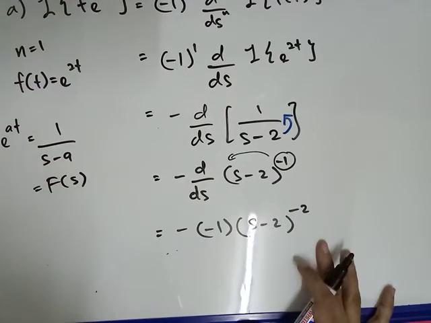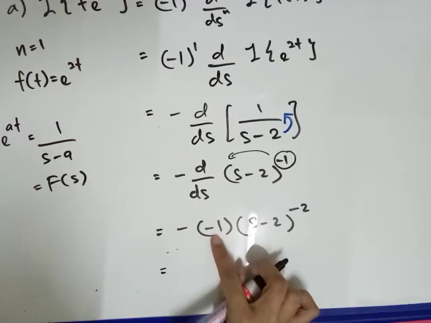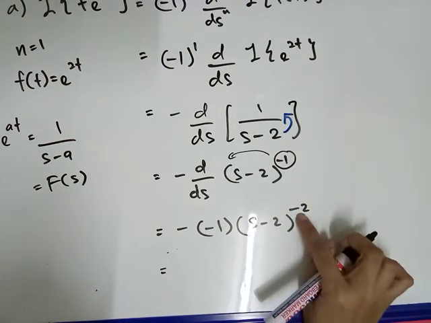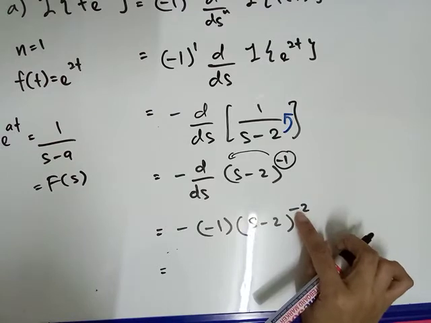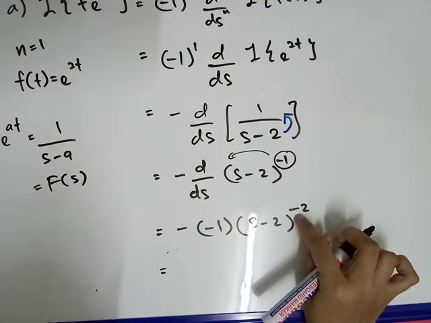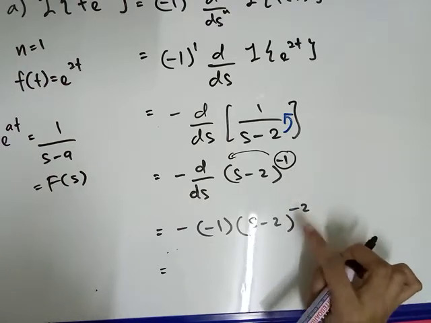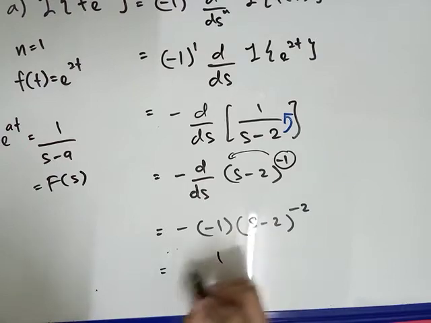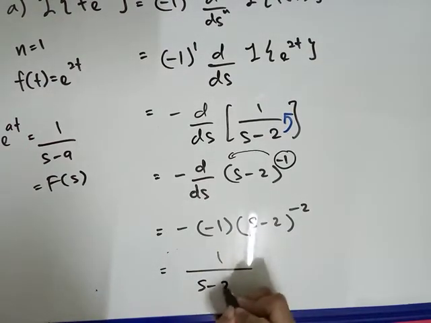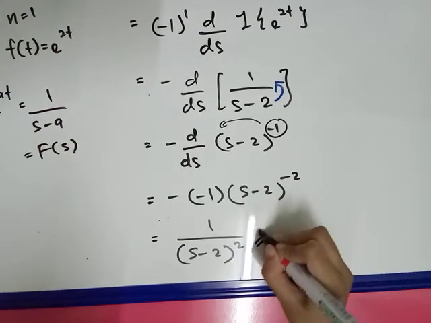Negative times negative should be positive: s minus 2 to the power negative 2. We need to make the power positive, so bring it to the bottom. It will be 1 over s minus 2 squared. So this is the answer.